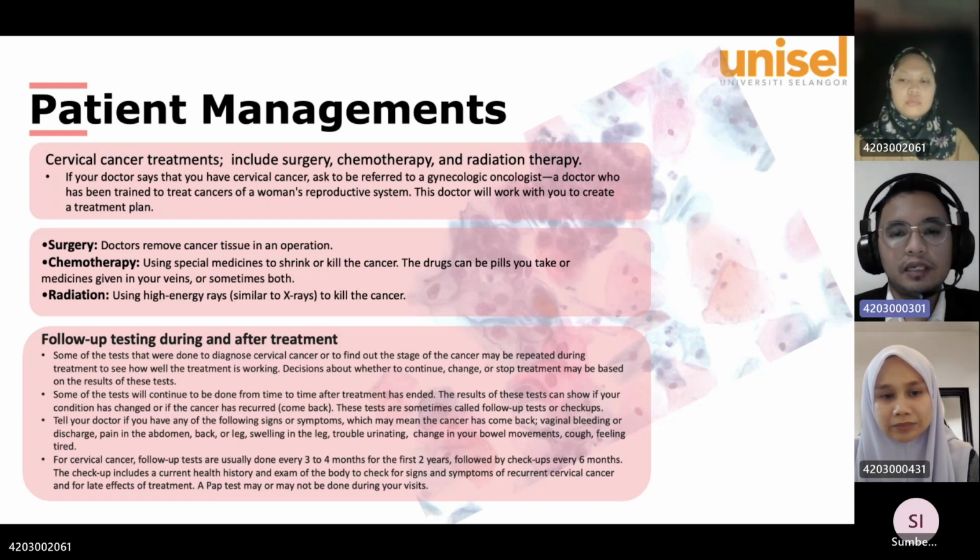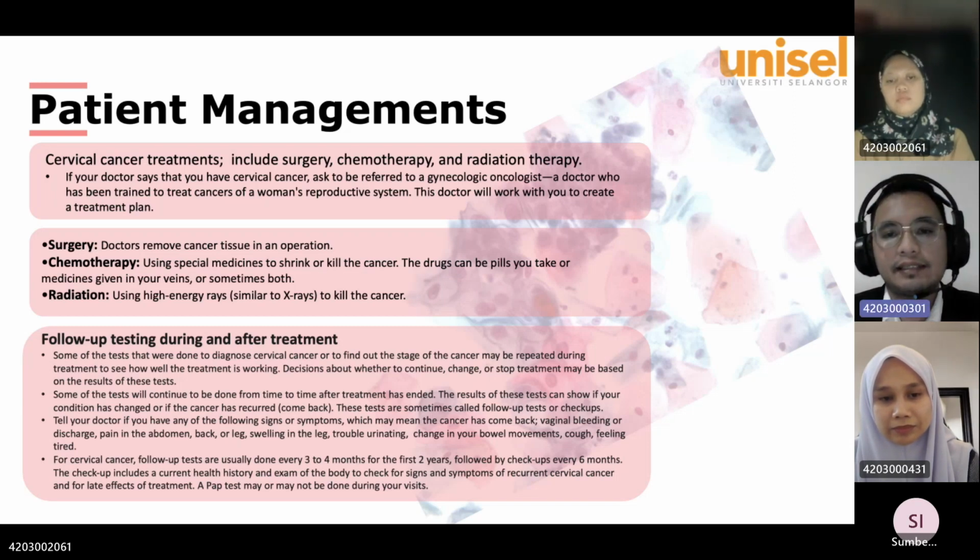For surgery, surgery plays a significant role in the management of early stages. In these cases, the surgical option may include radical hysterectomy. This procedure involves removing the uterus, cervix, and surrounding tissue, such as the upper part of the vagina and lymph nodes. Second is trachelectomy, in selected cases where the tumor is confined to the cervix and small in size.